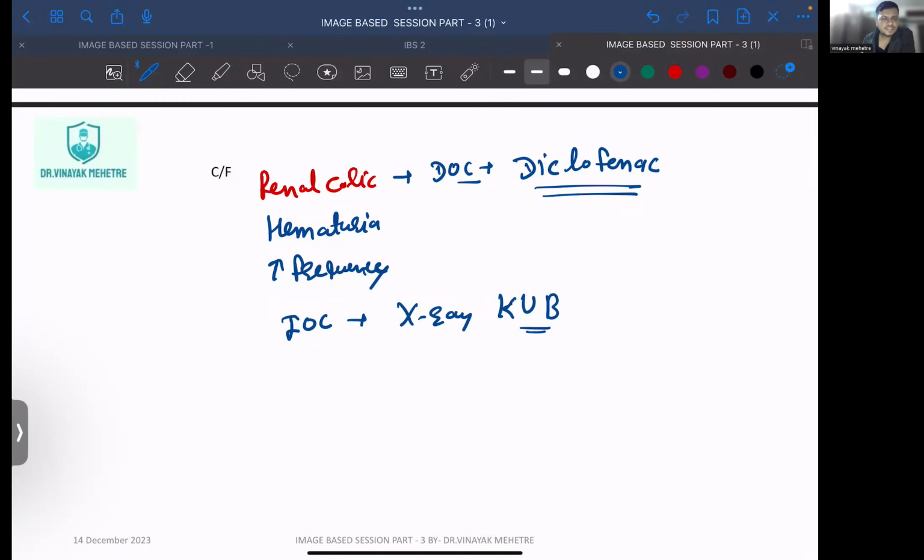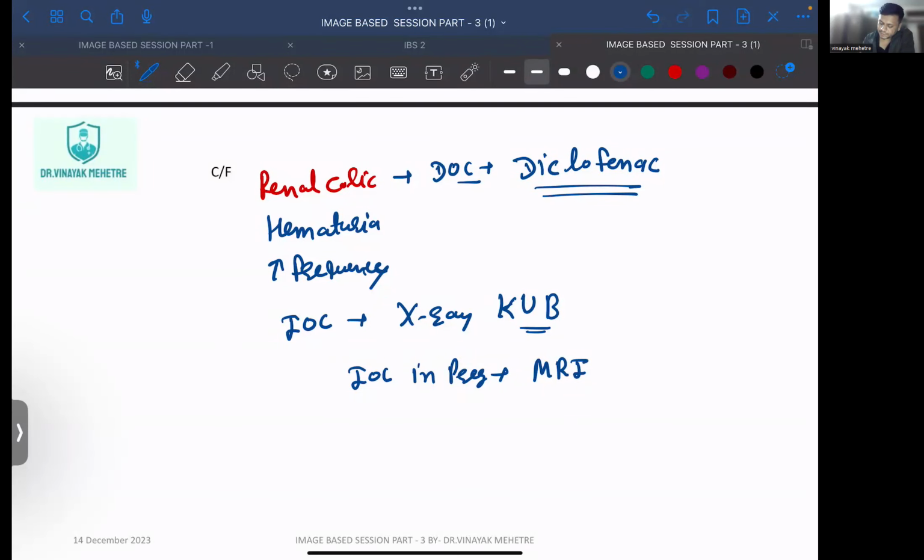in pregnancy we cannot use it. Okay, because what do we have in pelvic region in pregnancy? We have a child, and we cannot expose this child to X-ray beam. So investigation of choice in pregnancy is going to be either MRI, but it is not going to be done.